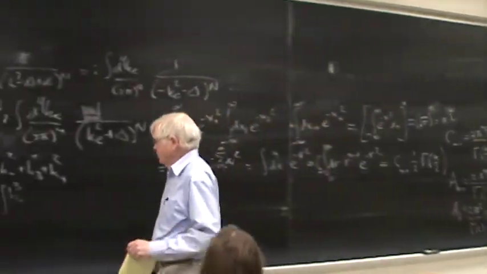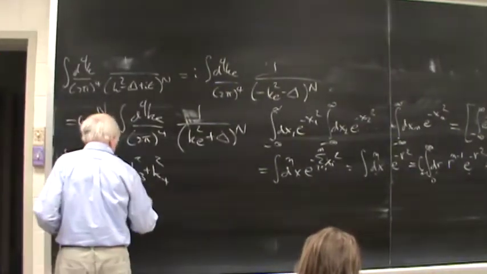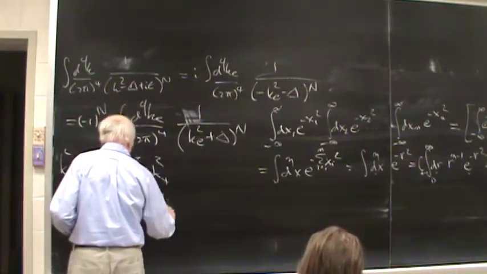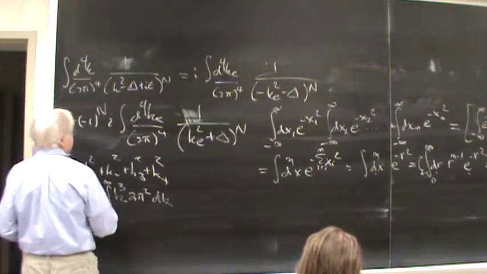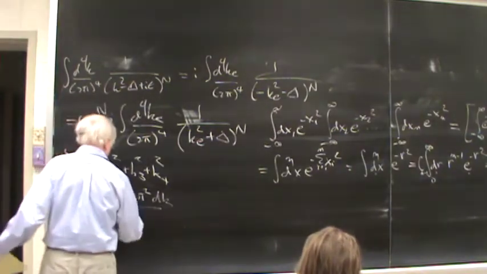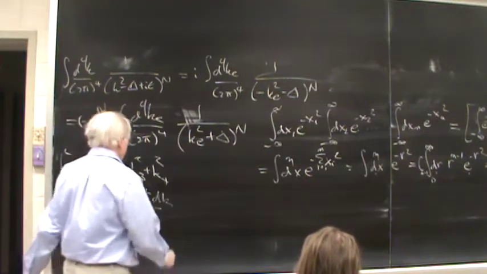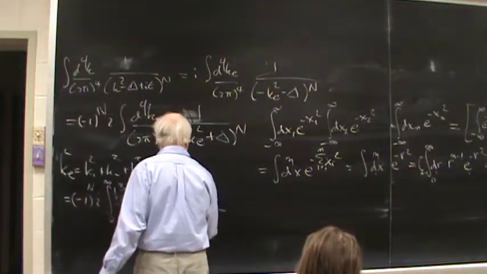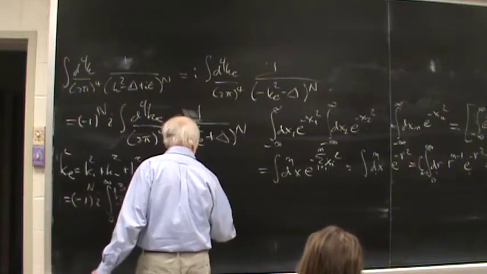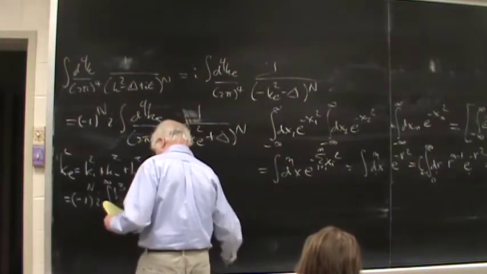So it's k cubed 2 pi squared dk from 0 to infinity divided by 2 pi to the 4th. And now we have 1 over k squared plus delta to the power n.